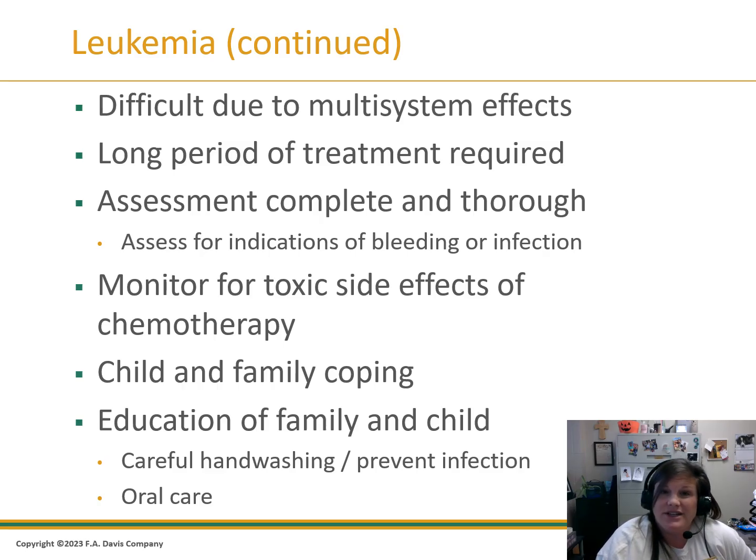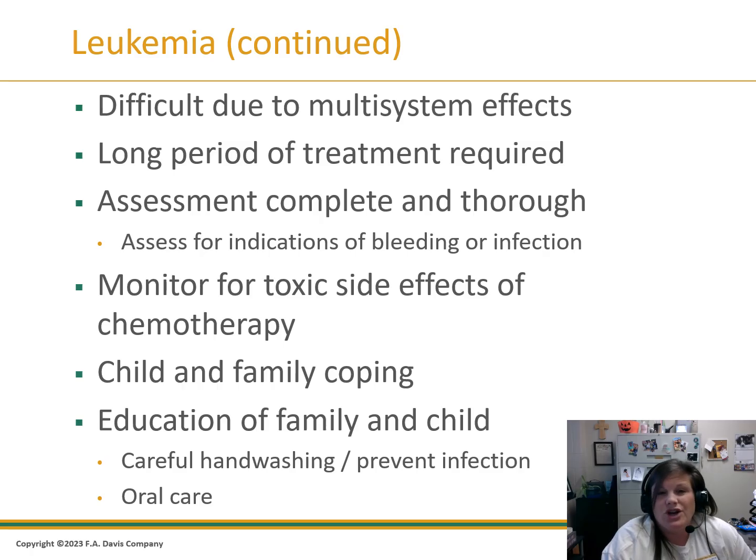We want to assess for indicators of bleeding and indications of infection. We also want to make sure that as the patient's undergoing treatment, whatever that looks like for them, we're monitoring for those toxic side effects. And at the end of this presentation, this PowerPoint, we'll speak to what some of those side effects are.